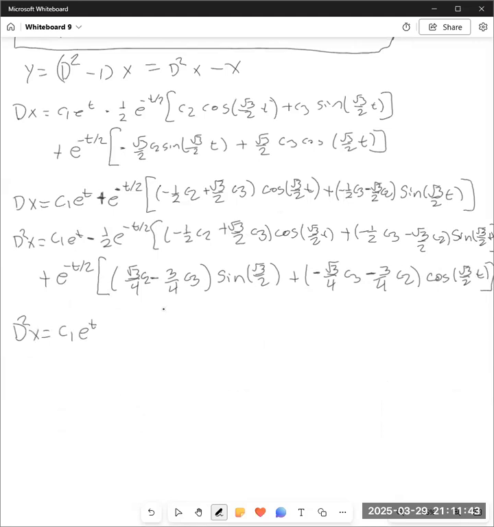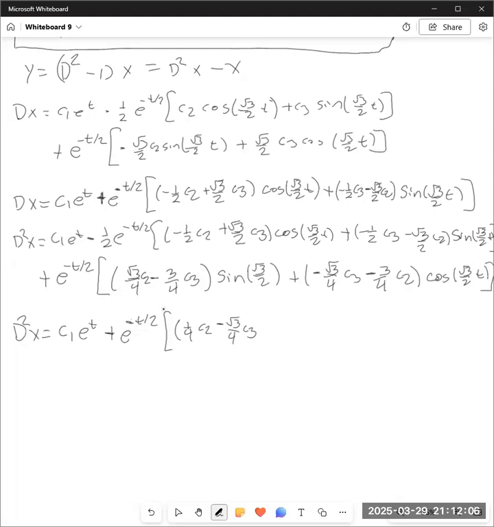c1 e to the t plus e to the negative t over 2 times, and then negative 1/2 times negative 1/2 is 1/4 c2. It's minus root 3 over 4 c3.